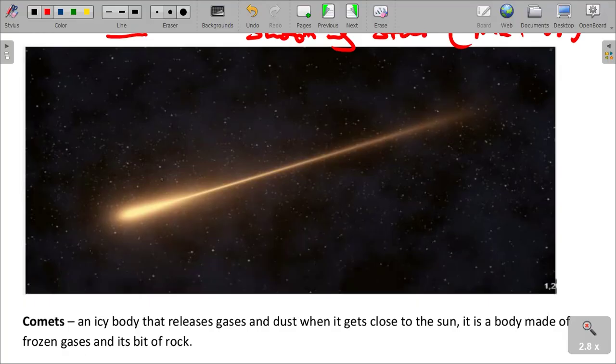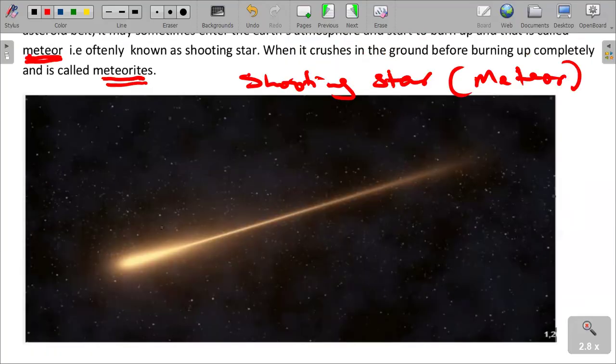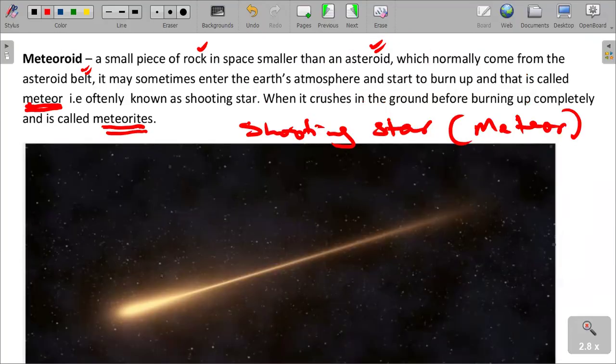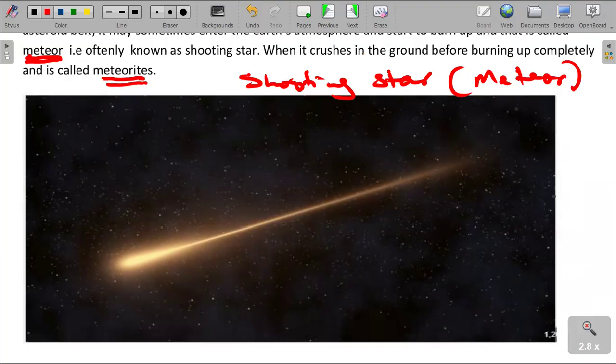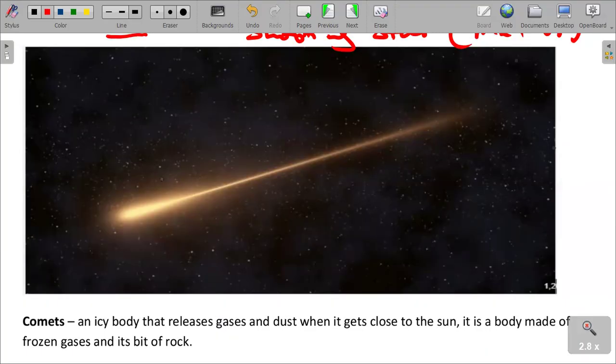We have sometimes seen, when you go out during the night, some streaks like the diagram is illustrating here. We don't normally know what is happening there, but it has to do with objects in space smaller than asteroids, which sometimes burn up in the atmosphere, and we define them as a shooting star.